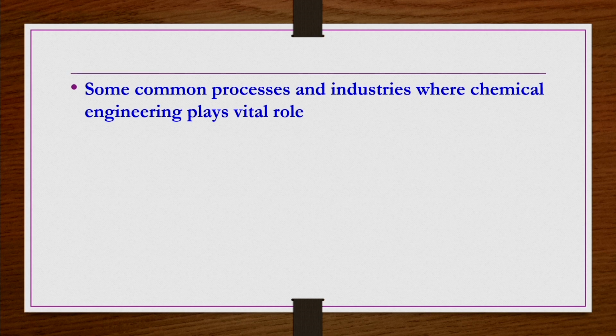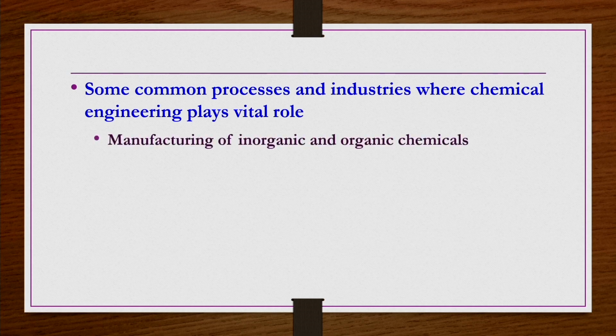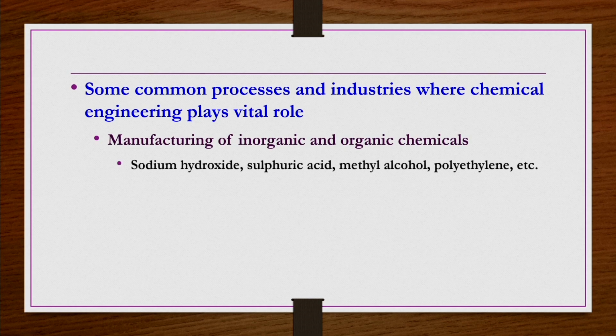So, we see some common processes and industries where chemical engineering plays a vital role, such as the basic chemical plants, where we produce organic and inorganic chemicals, like sodium hydroxide, sulfuric acid, methyl alcohol, and polyethylene.